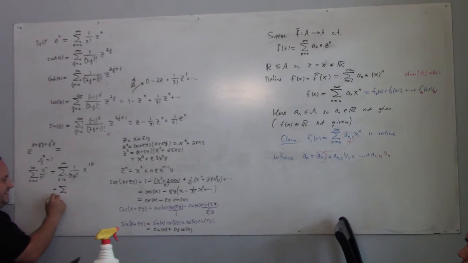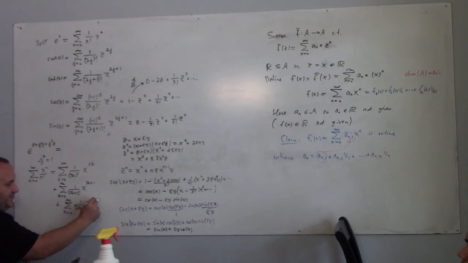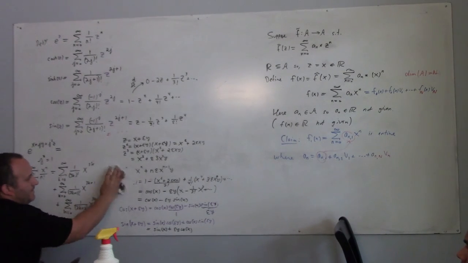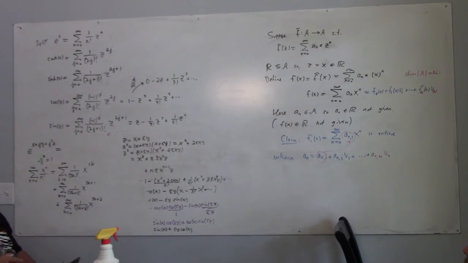And then the sum over k from 0 to infinity of x to the 3k plus 1 over 3k plus 1 factorial. And so that completely partitions the integers into multiples of 3, multiples of 3 plus 1, multiples of 3 plus 2. That's everything.